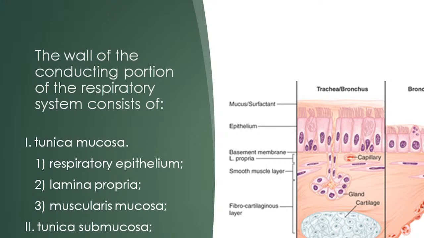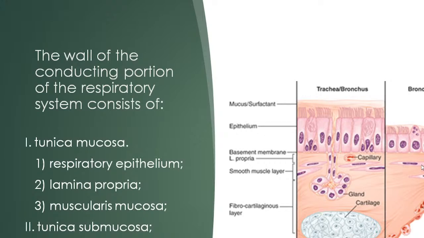And of course, lamina propria contains blood vessels. We can see a capillary here. It contains nervous and lymphatic vessels too. And the last layer in tunica mucosa is lamina muscularis mucosa.